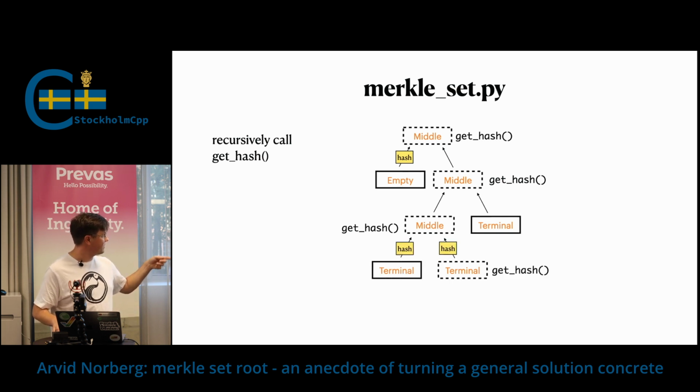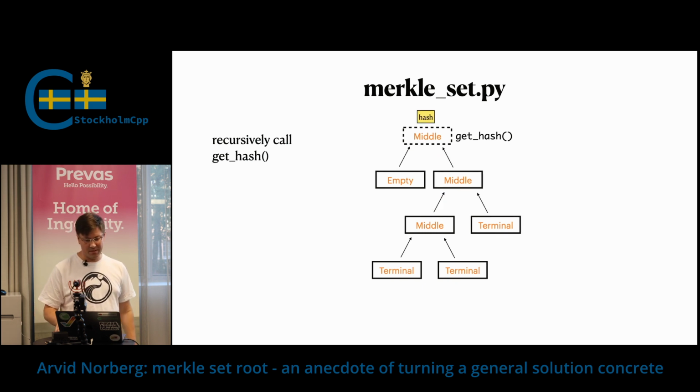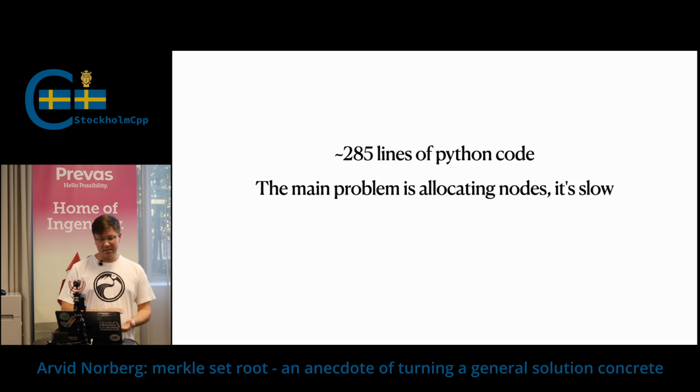Call get hash, and we build it up, and then finally we have the root hash. This is about 285 lines of Python code, and it's quite slow because it allocates objects when you add nodes to the tree, and they're all spread out on the heap.